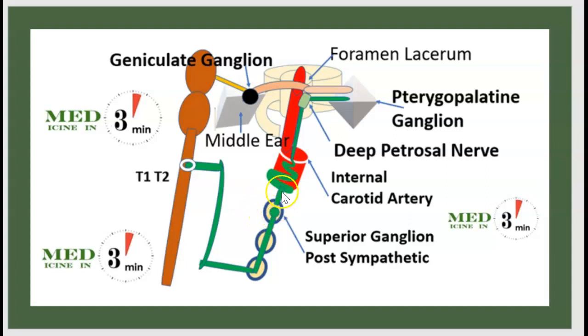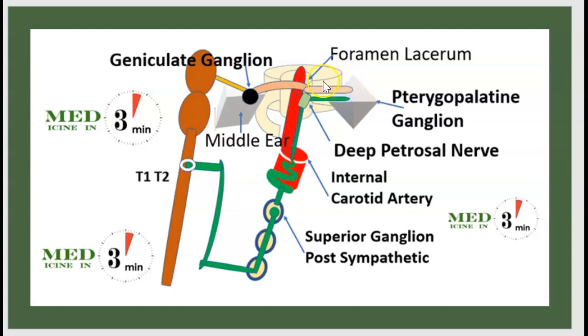From the superior ganglion of the cervical chain, postsynaptic sympathetic fibers go to the internal carotid artery, and from the plexus of the internal carotid artery, sympathetic fibers go to the foramen lacerum to form the deep petrosal nerve, which fuses with preganglionic parasympathetic fibers coming from the greater petrosal nerve.